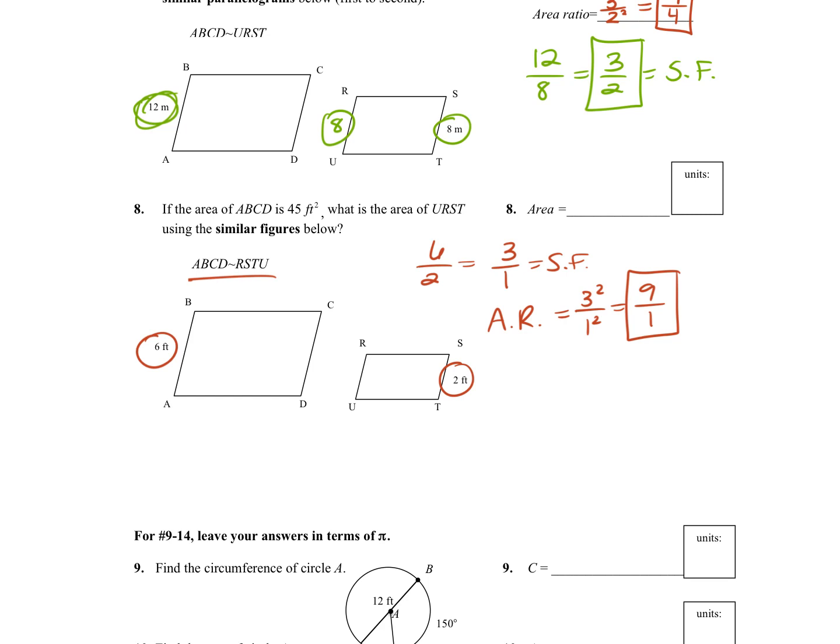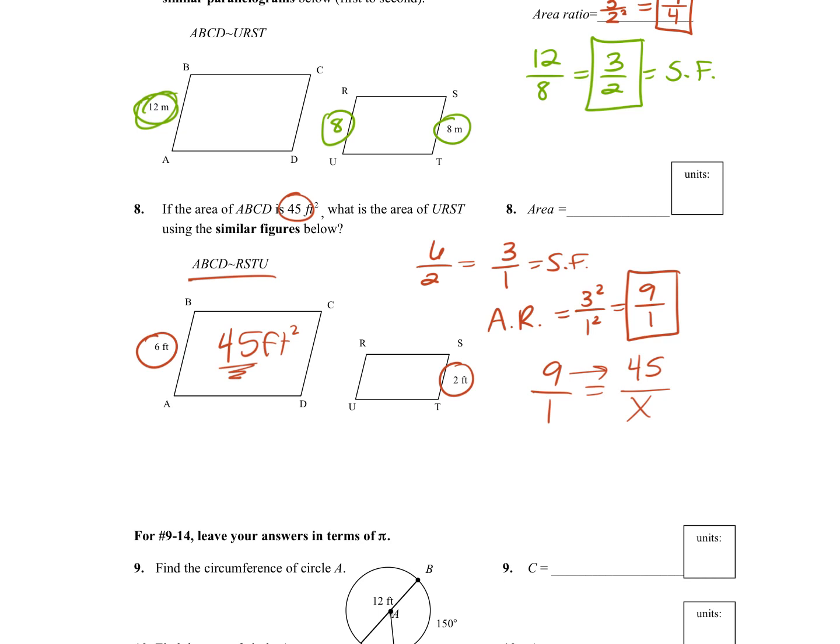They have given us the area, 45 square feet, of the bigger figure. So we need to set up a proportion. 9 over 1 equals that 45 would need to go across from the bigger one, right? So 45 here and x here. And then how do you solve a proportion?